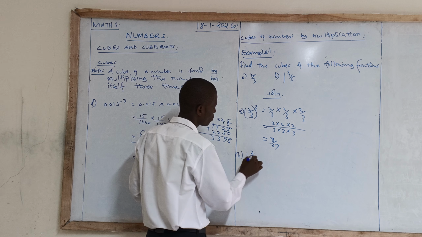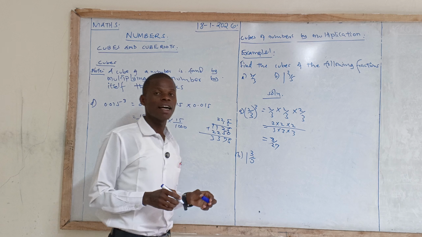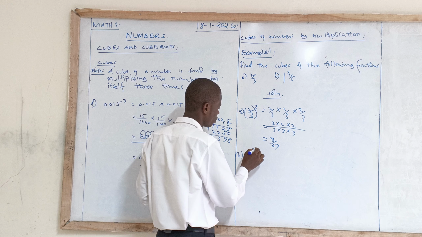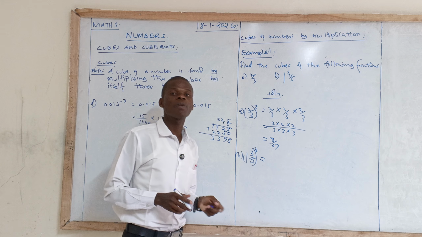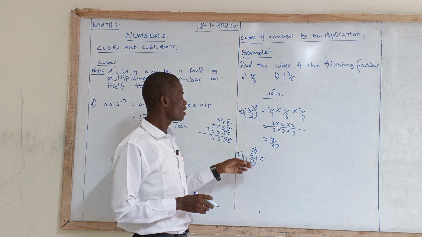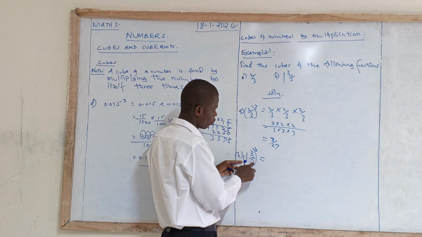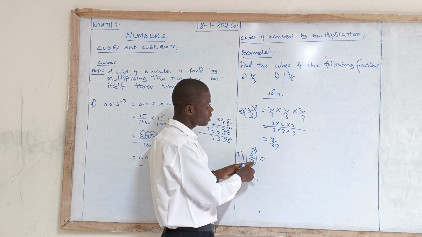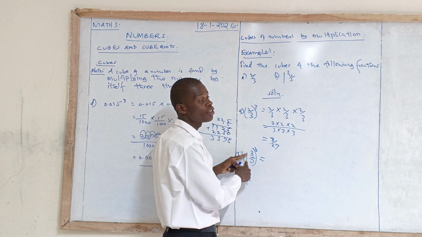B, what do you have? 1 3/5, cubed. Change this into an improper fraction first. In order to change it into an improper fraction, we take the denominator, multiply by the whole number, then add the numerator.